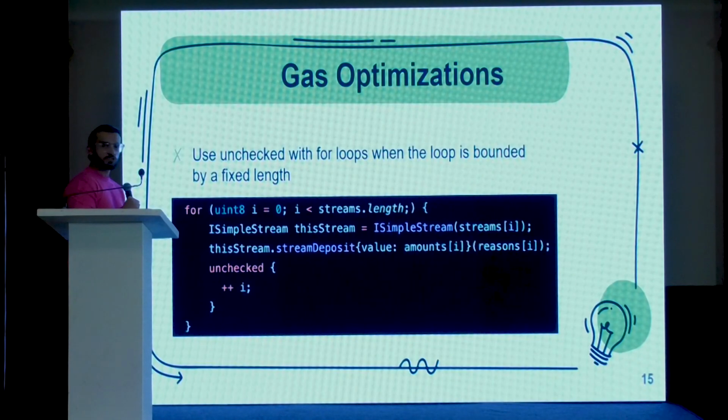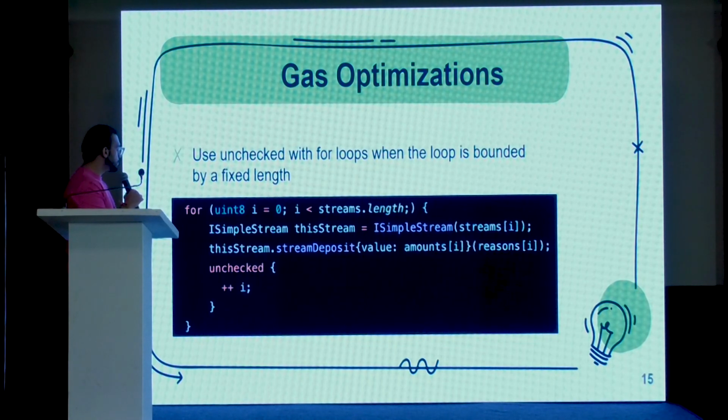Now then we have the last one, which is again with the new versions of Solidity, you can do this. Basically, there are a lot of smart contract use cases where we use for loops, right?